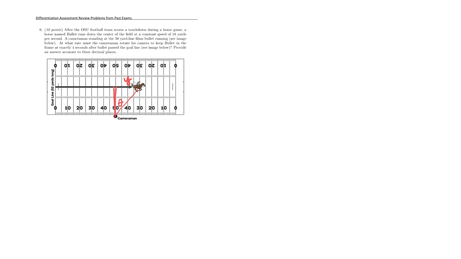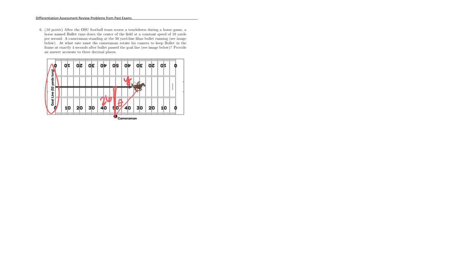This distance here from the cameraman to the center of the field, let's see, I need to know that distance. So it says here that the goal line is 52 yards long, which means that halfway would be 26 yards.